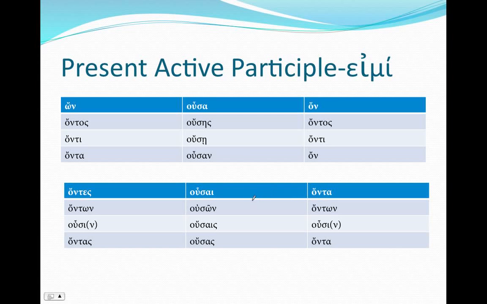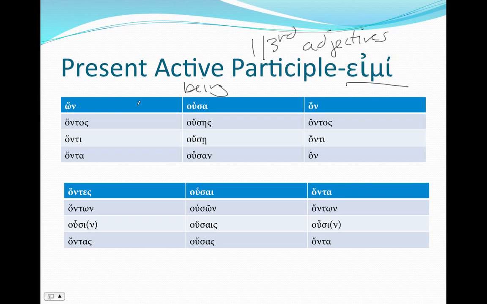Now the easiest place to start is going to be the present active participle of eimi, to be. So this is really "being." What I want you to remember is that all present active participles are first, third declension adjectives.